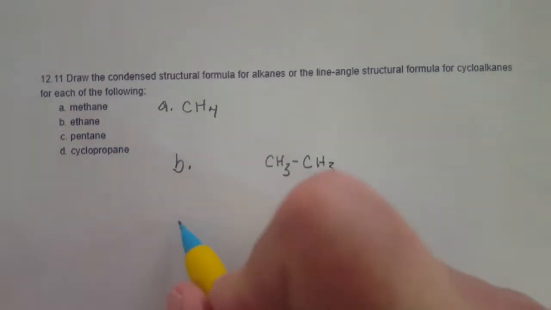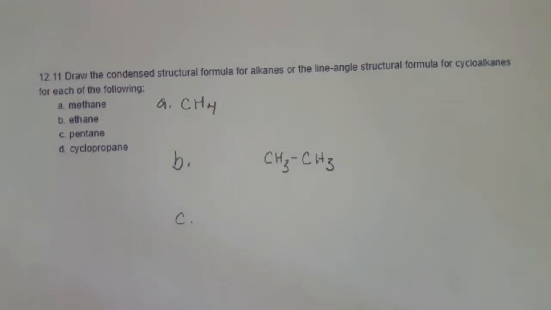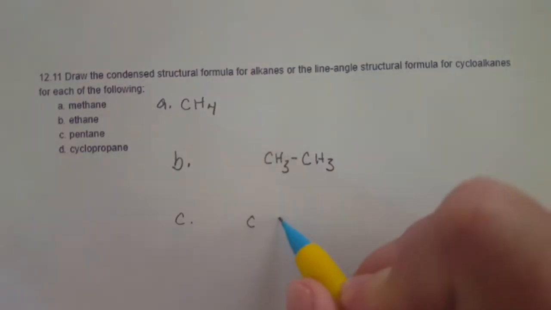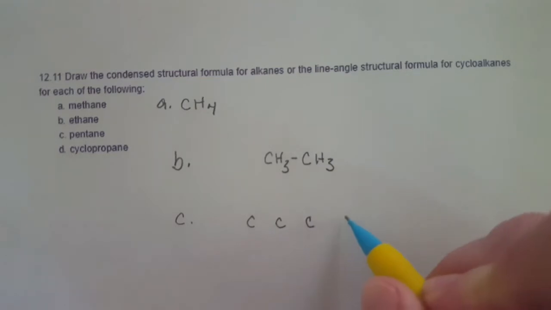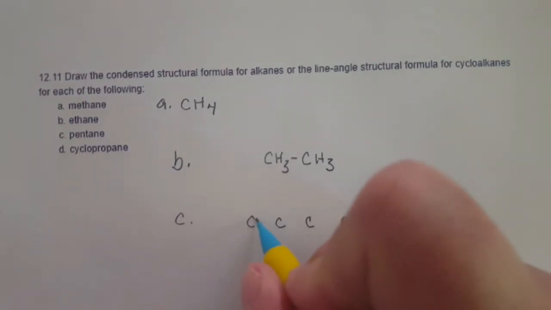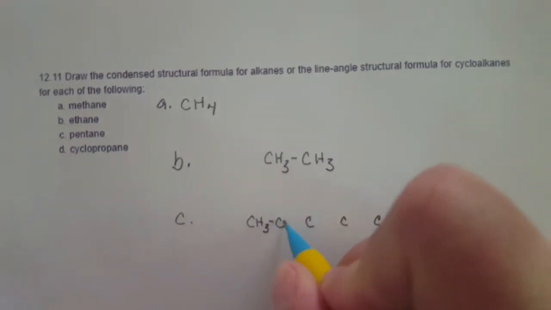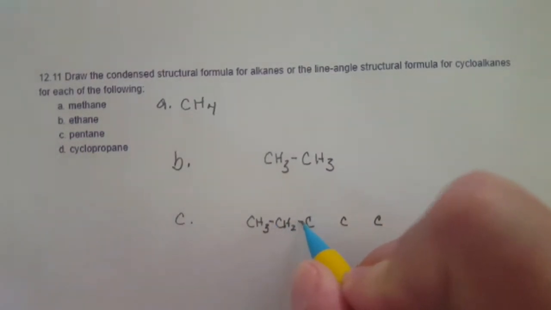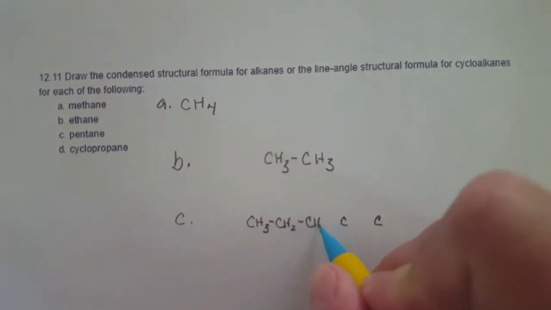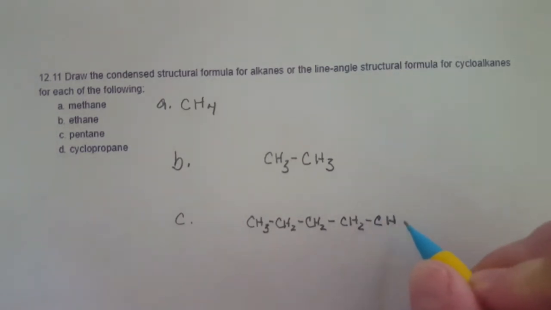The next one, C, is pentane. Pent, that's 5, so you draw the 5 carbons. 1, 2, 3, 4, 5. And you fill in the rest with hydrogen. So this is going to be CH3-CH2-CH2-CH2-CH3.